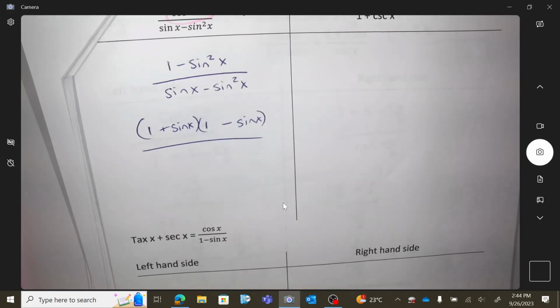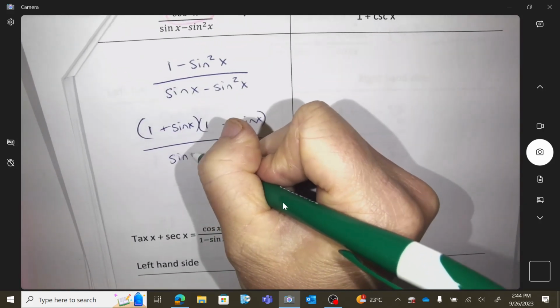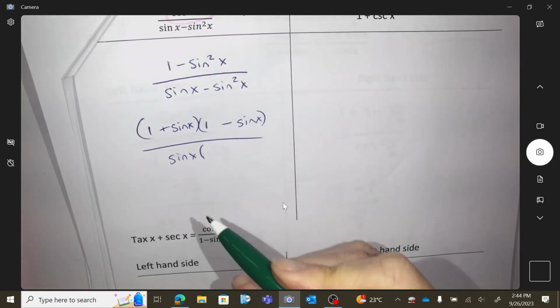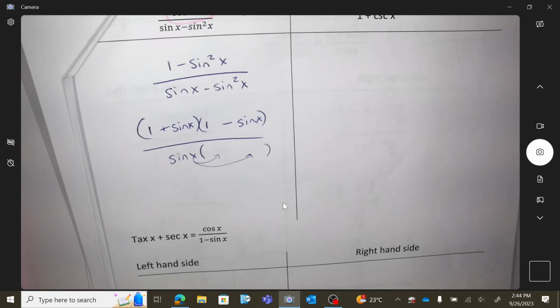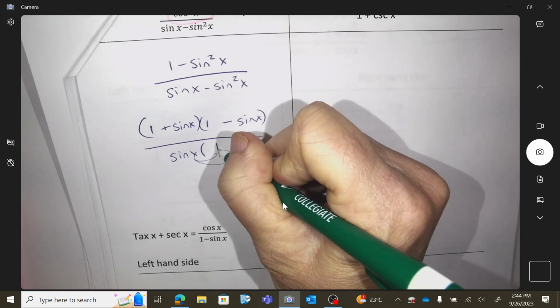What's the common thing to take out of both? Sine x, bracket, sine x times what? Sine x times 1.